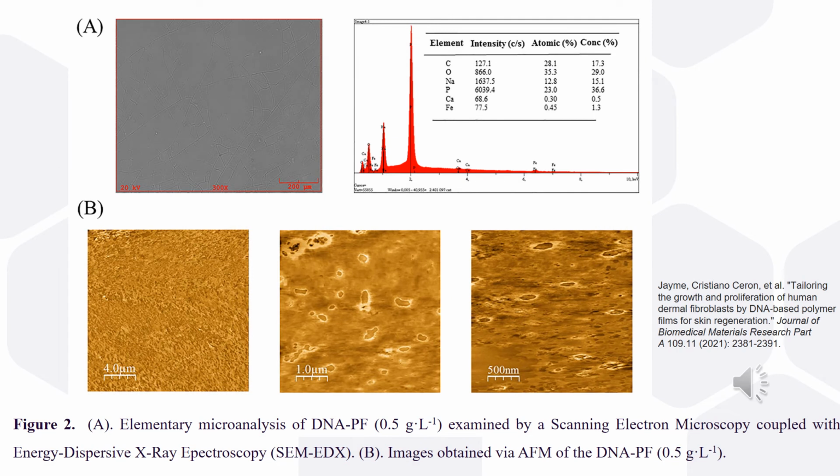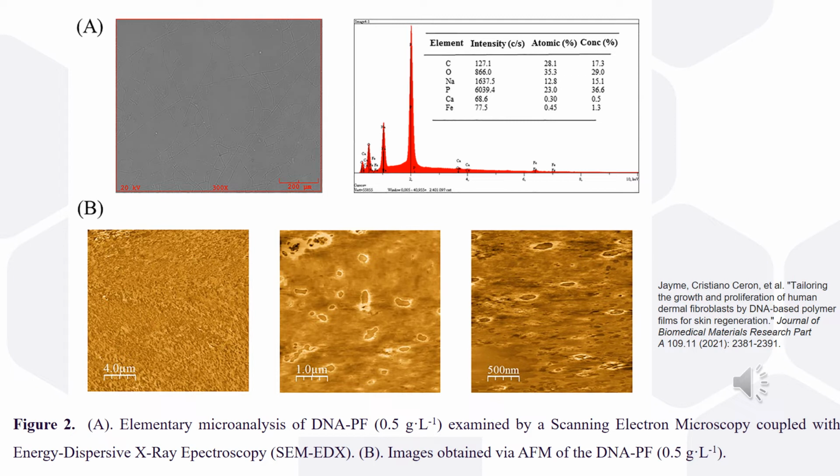The first step of our work is the morphological analysis of the DNA-based polymer film, and figures 1A and 1B show the morphology profile of the DNA polymer film evaluated by SEM and AFM respectively. The SEM image shows a flat morphology of the DNA-based polymer film of approximately 200 micrometers.